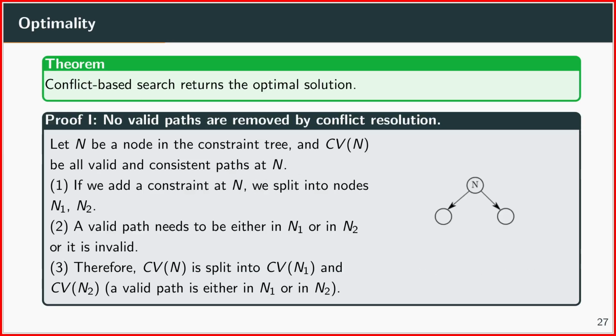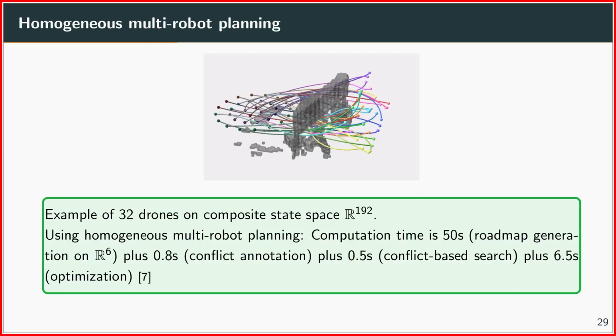Okay, cool. Then let's actually look at a small example. So here I have a picture and I will also show you a video shortly. We have here an example of 32 drones and they are on a composite state space which would have 192 dimensions. So this would definitely be impractical to plan in.